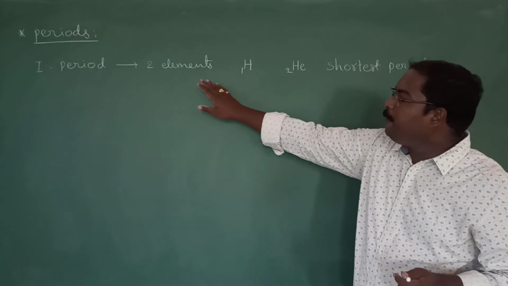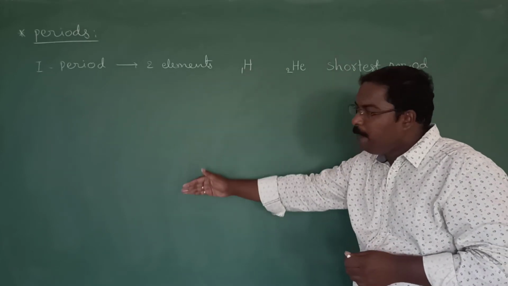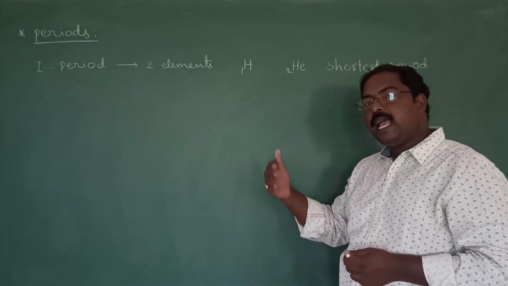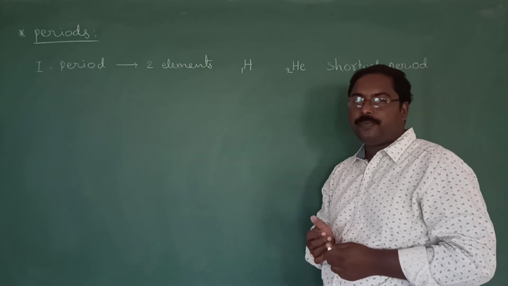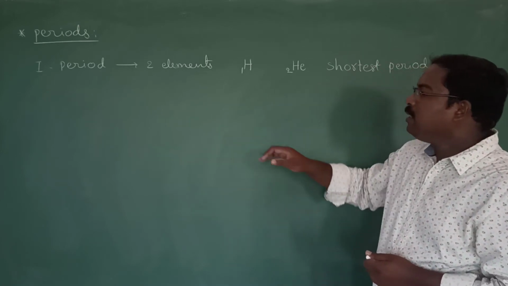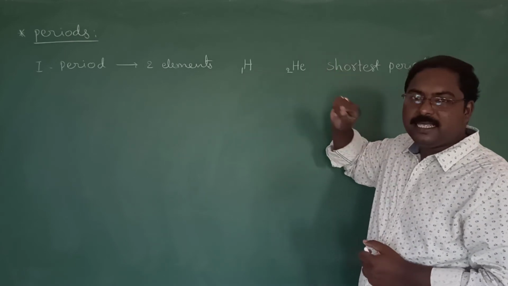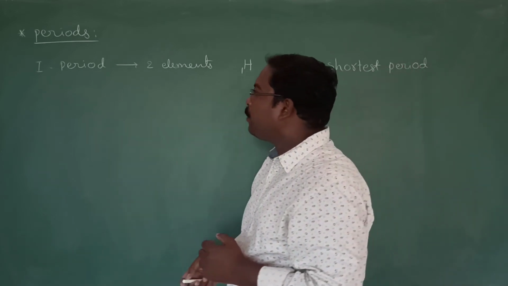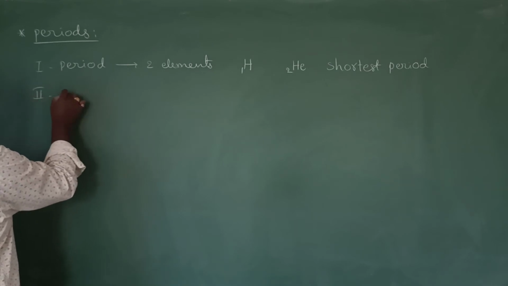But the other periods contain mainly solids, as well as some gases, or sometimes liquids also. So that is why the specialty of the first period is that it contains only gaseous elements. In the notes, somewhere you write down that point. Now coming to the second period.